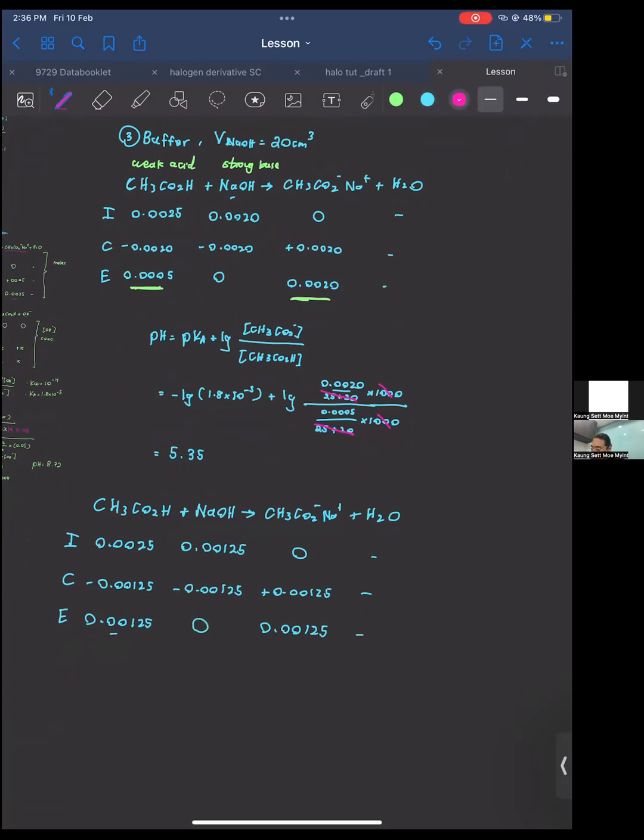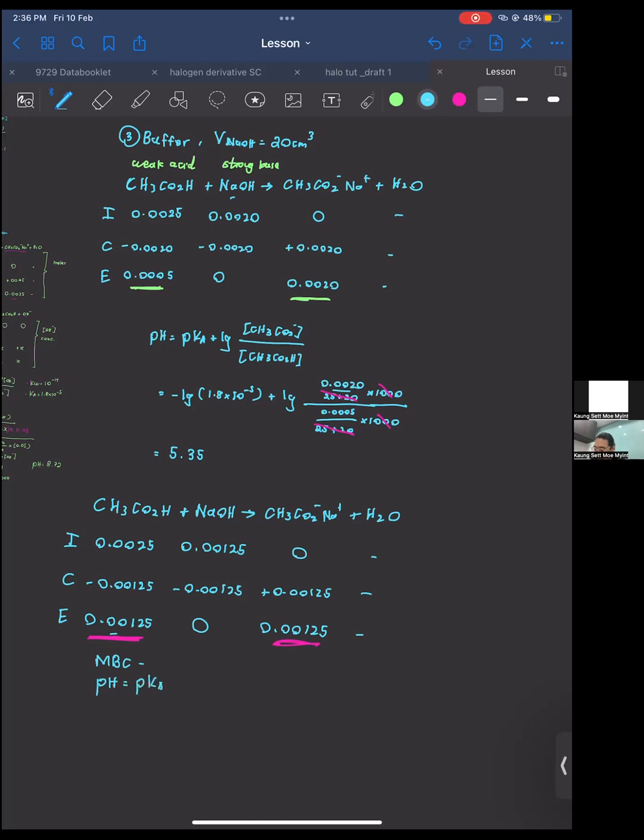Can you see the final moles of the two conjugate acid-base pair are the same? And if they are the same, this is a buffer. On top of that, this buffer is at MBC, maximum buffer capacity, because the ratio of the conjugate acid-base pair are the same. And at MBC, the pH is equal to the pKa.